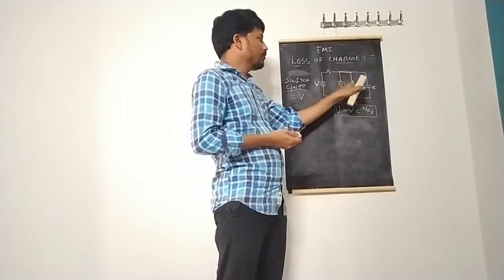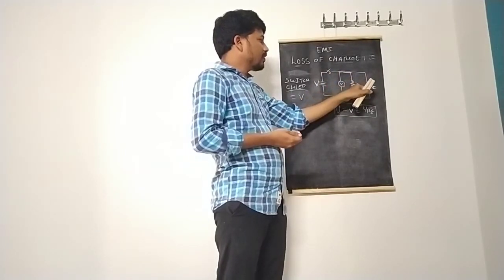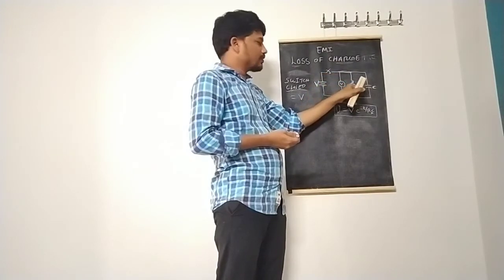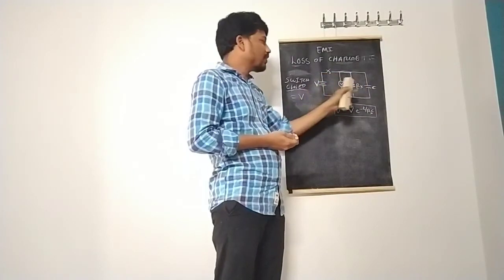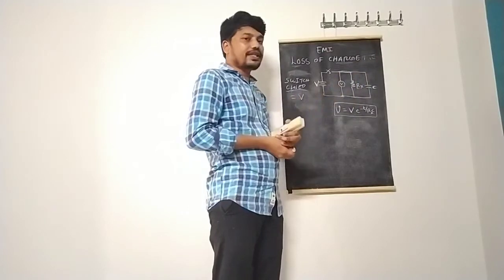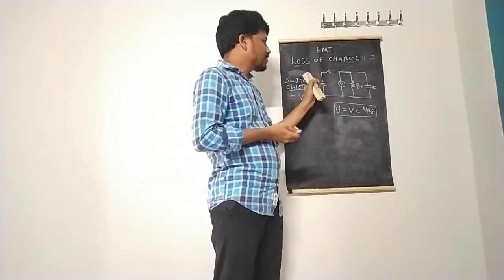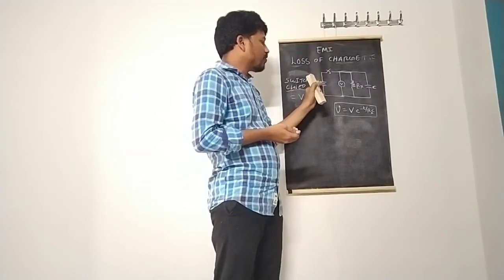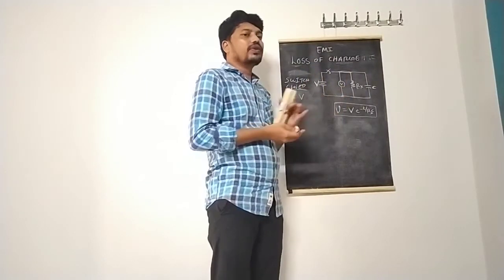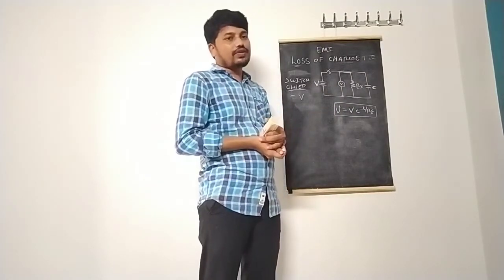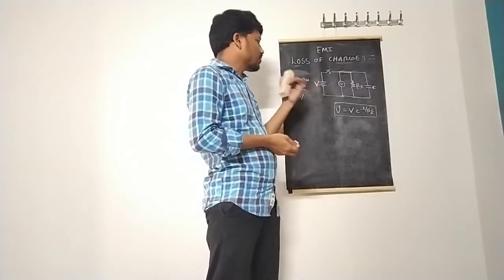When the switch opens, the capacitor tries to discharge, but for discharging it needs a path, and this resistance provides that path. In this manner, charge gain takes place during the switch on period, and during the switch off period, loss of charge occurs. Therefore it is called the loss of charge method: gaining of charge and discharging of charge.